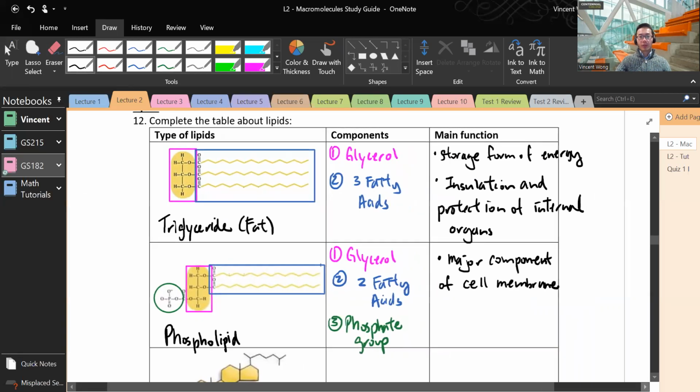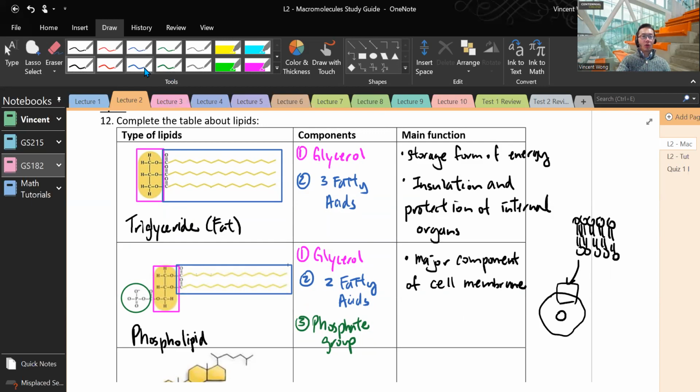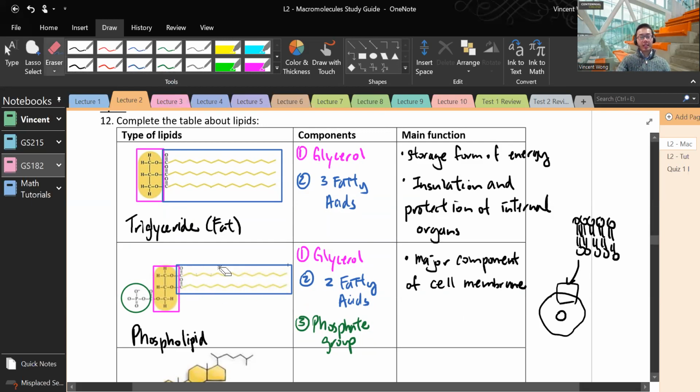We have a whole lesson on cell membrane later. So again, this is your cell. If you zoom in onto the membrane, you will see all these phospholipids like that. So that makes up the cell membrane. Now it's good to know, and we'll talk about this again later, that this molecule is special because one part of it, the fatty acid part, is hydrophobic.